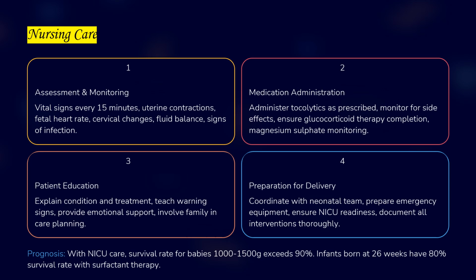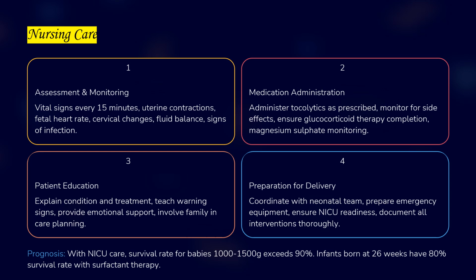Make sure you prepare all the emergency equipment, like resuscitation bag and mask. Everything should be kept ready, and if you have coordinated with the NICU team, the staff there should also be ready. Okay, and make sure that all the interventions that you have done are documented thoroughly.